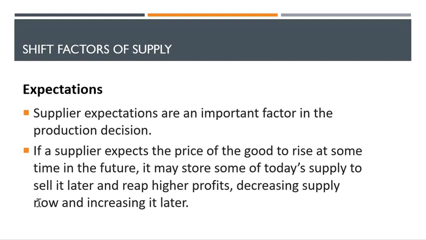So it's based on the expectation of the future price of the product. The supplier might change its behavior, and supply might increase or decrease depending on the expectation. If it's a positive expectation that the price might increase in future, then it might lower the supply in the short run. And if it expects the price will be lower in future, it might supply more in the coming period.